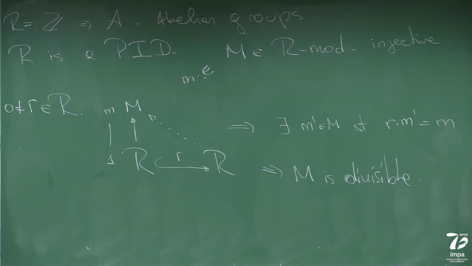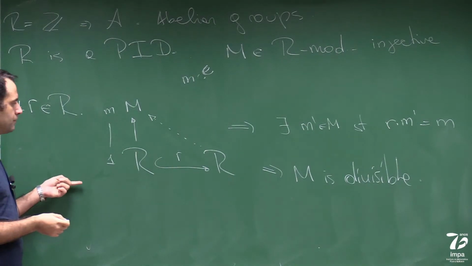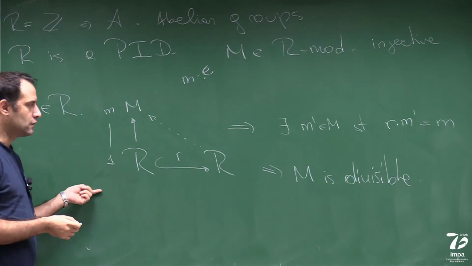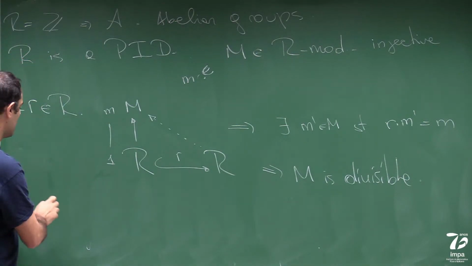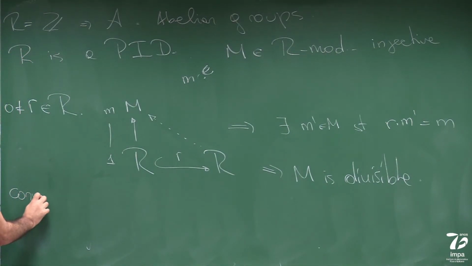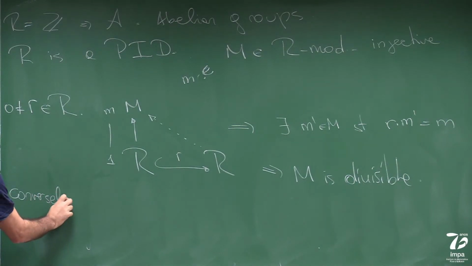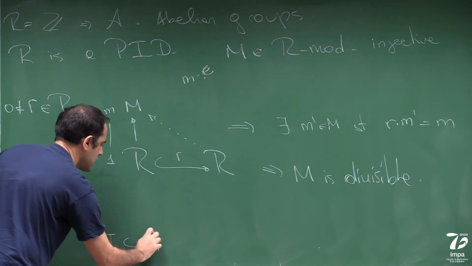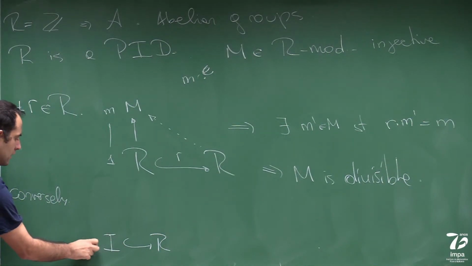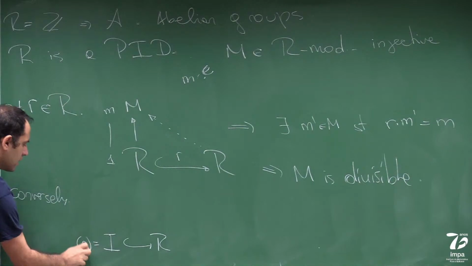Conversely, for any ideal in R, and now I'm going to use the fact that R is a PID. So conversely, for any injection of an ideal I inside of R, this ideal is generated by an element r.